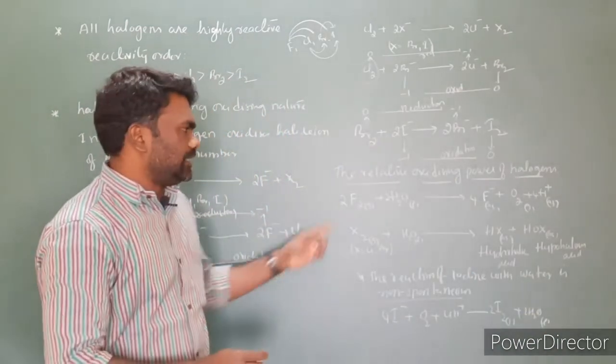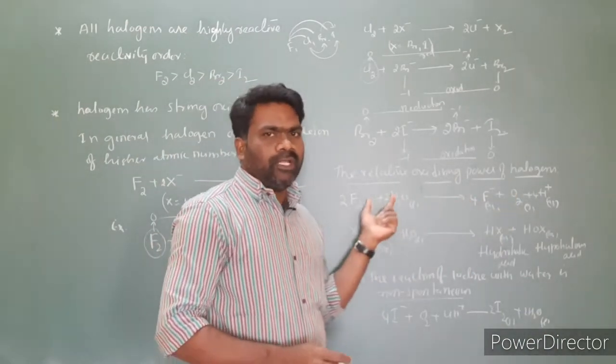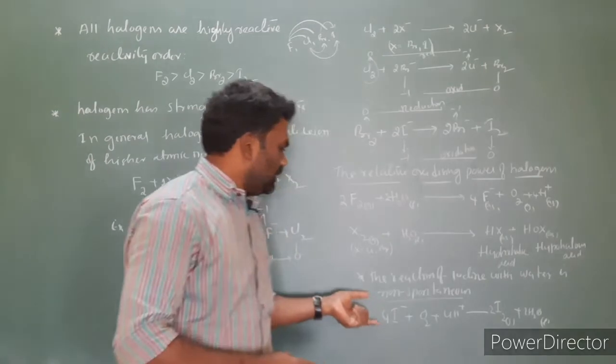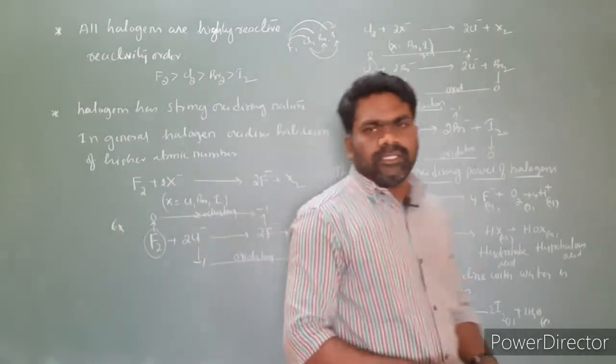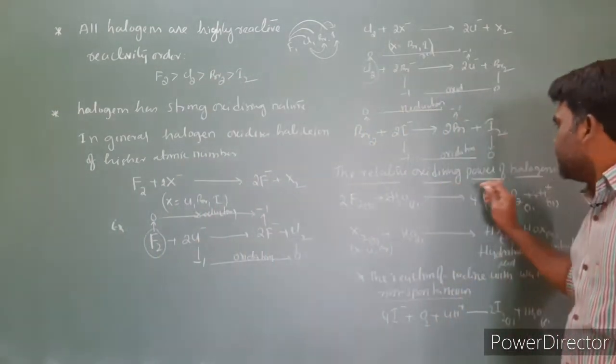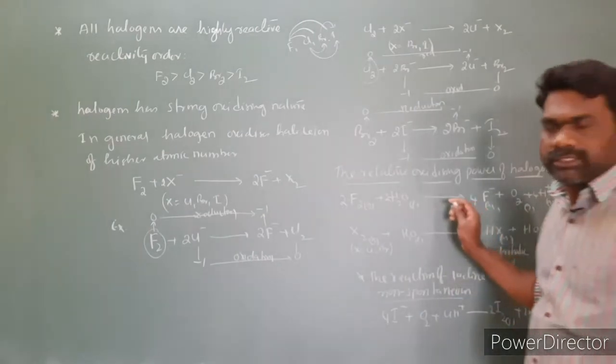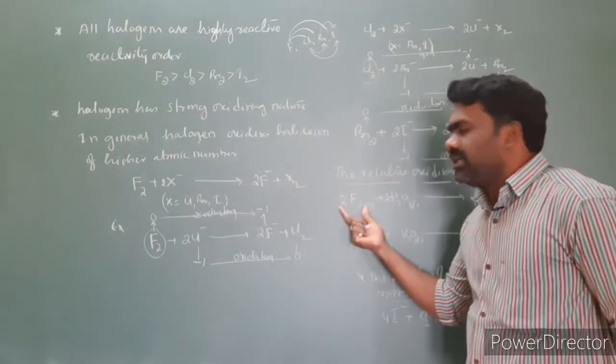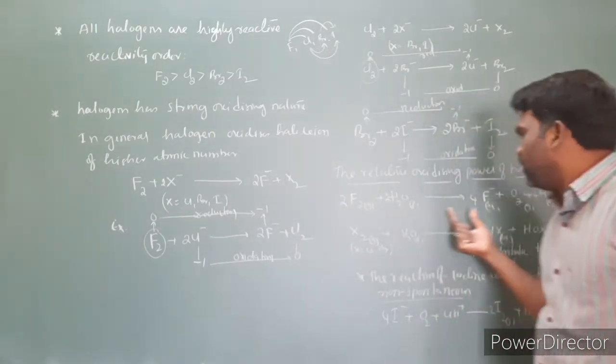Exactly opposite. What is the reaction observed in the case of fluorine? The opposite reaction we can expect in the case of iodine. Now the point is the relative oxidizing power of halogens. Fluorine can oxidize water into oxygen.